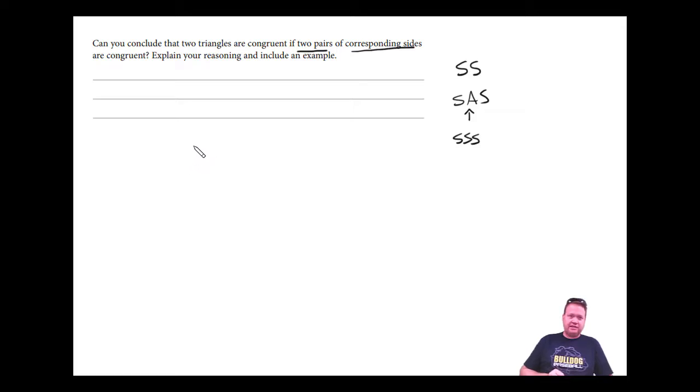An example of this is if I drew 2 triangles that had, let's say, a 4-inch side and another 4-inch side, I could draw this triangle a number of ways. I could make that 4 inches and this 4 inches, and this could just be a really obtuse vertex angle up there. And you can see that these 2 triangles are nowhere near congruent.